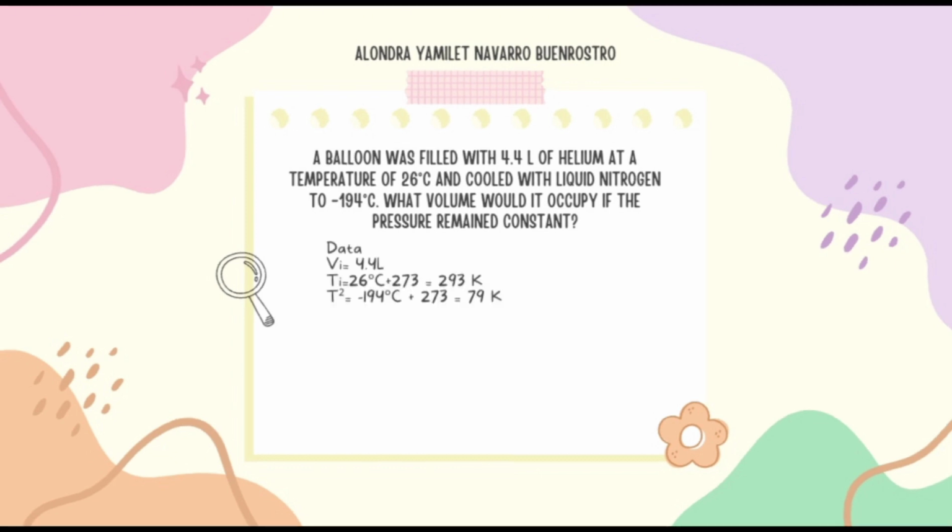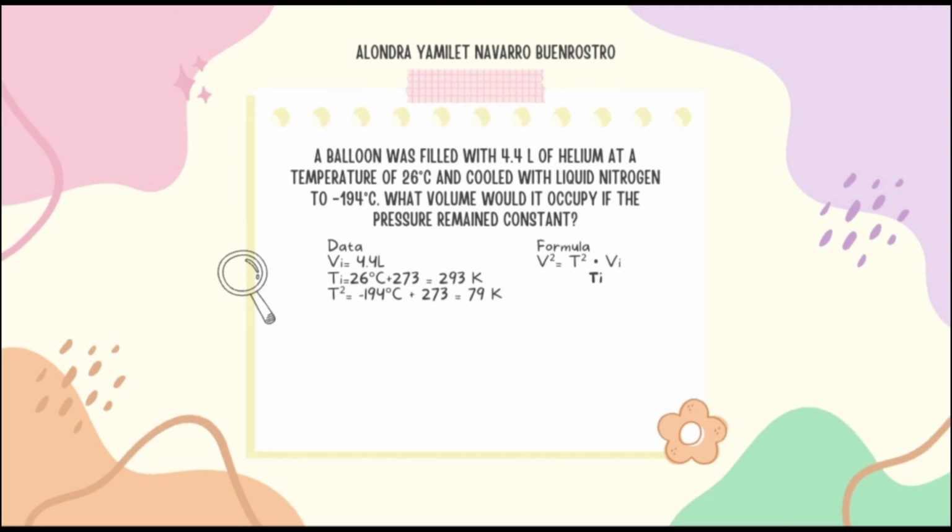Our data are the following: initial volume 4.4, initial temperature 293 Kelvin, and final temperature 79. The formula we will use is final volume equal to final temperature multiplied by the initial volume divided by the initial temperature.